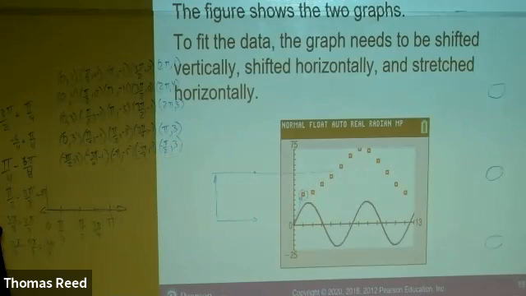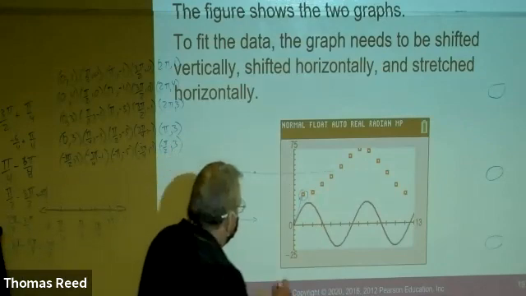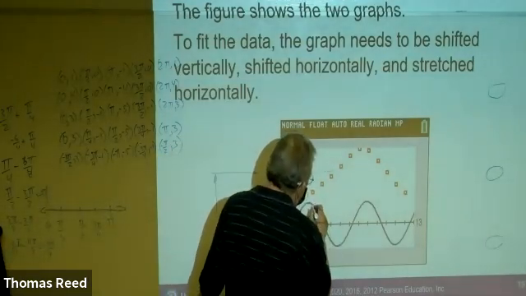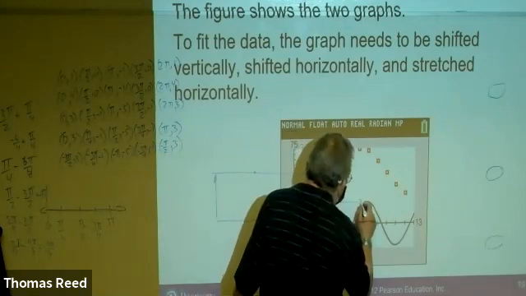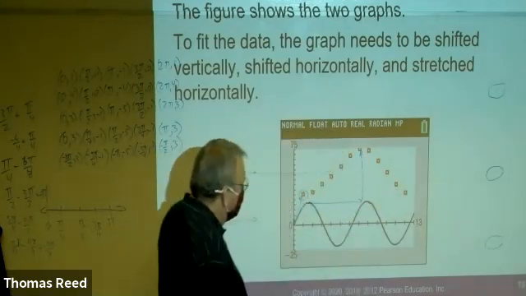So that's the shift vertical and horizontal and the stretch. Because now this point here got moved over to here before it got shifted up.